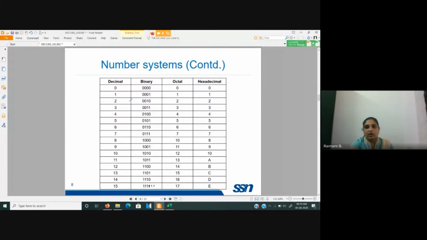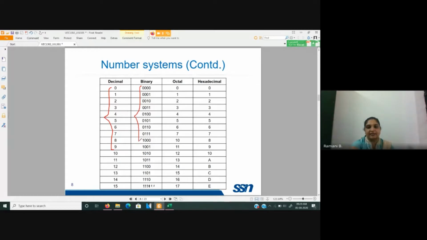So these are the corresponding equivalents or values in the number systems: decimal, binary, octal, and hexadecimal. As I mentioned, in case of decimal, the basic numbers are from 0 to 9, and the equivalent representation in binary is given this way.